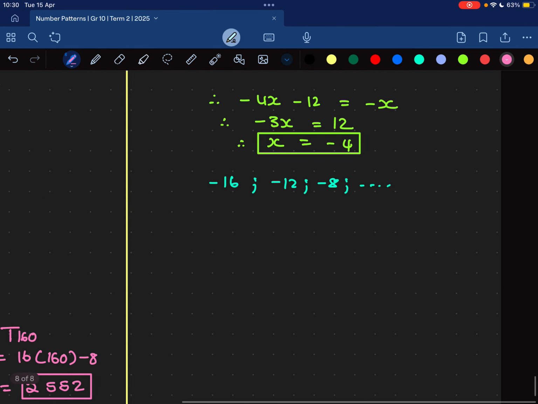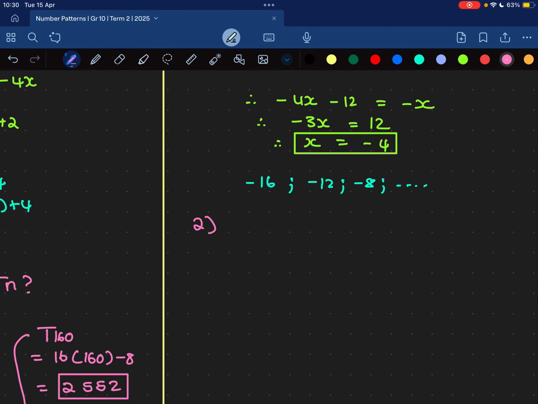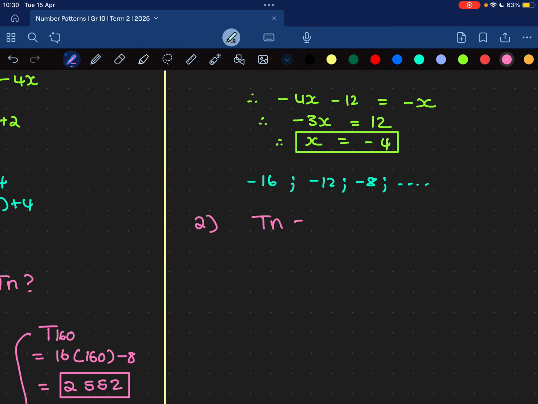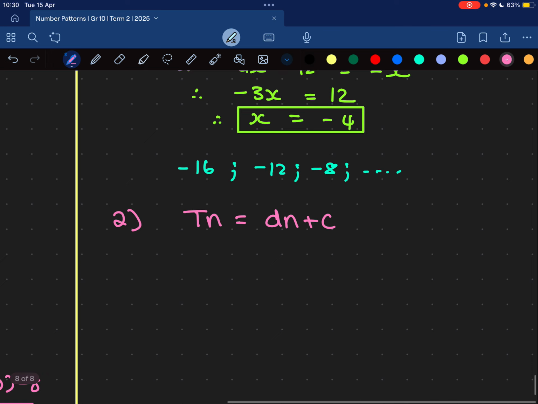Then the second question asks you to find which term of the sequence will be the first positive term. So in order to figure that out, we need to get Tn. We can't figure out any term unless we know the general rule.